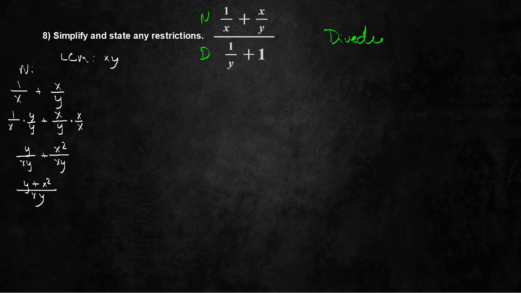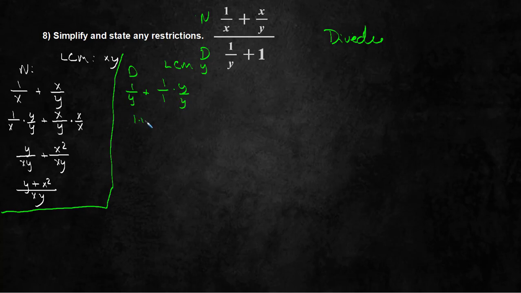Now let's work our denominator. The denominator is 1 over y plus 1. Well, another way of writing that 1 is 1 over 1. So our LCM is just going to be that y. So that means my second fraction needs to be multiplied by y over y.